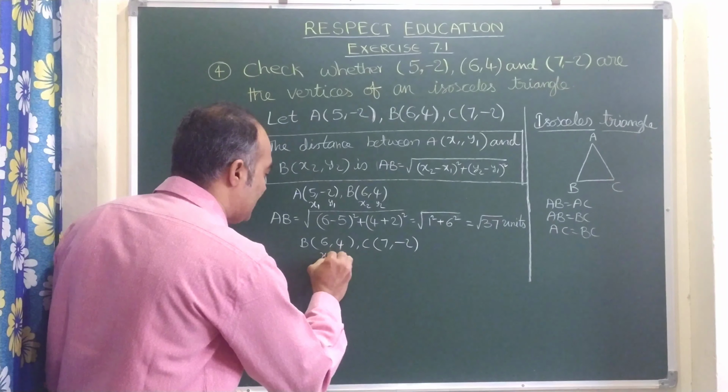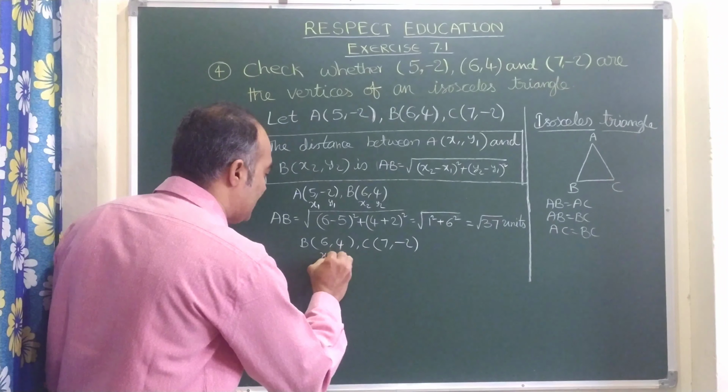BC is equal to the same under root x2 minus x1, that means 7 minus 6 whole square, plus y2 is minus 2 minus y1 is 4. So minus 2 minus 4 whole square is equal to under root 7 minus 6 is 1, so it is 1 square plus minus 2 minus 4 is minus 6, that is minus 6 whole square.